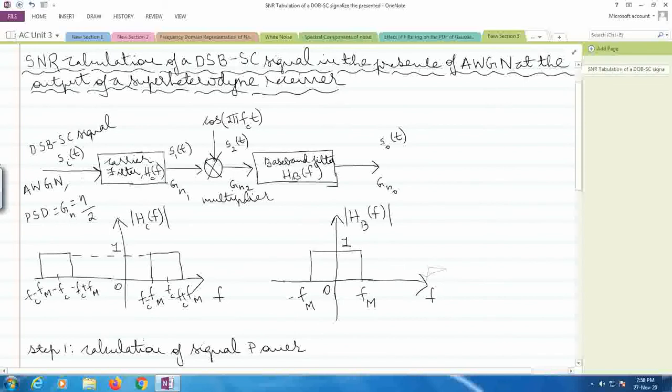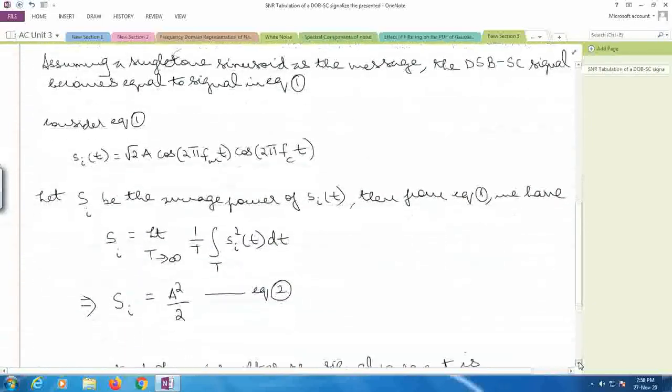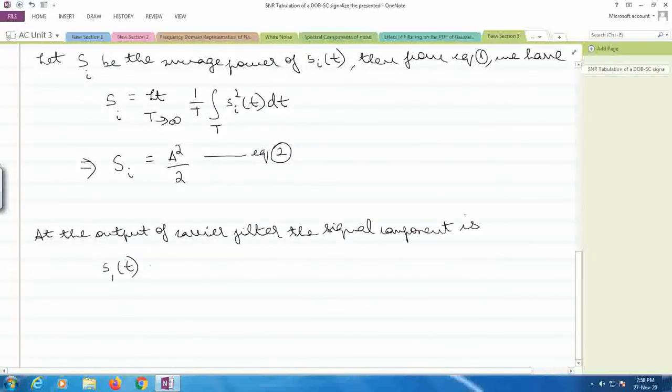Si of t is going to pass through the carrier filter unaltered, because the carrier filter frequency response extends in the same interval in which Si of t is present, and the magnitude of the carrier filter is equal to unity. So Si of t is simply equal to S1 of t. So let this be equation 3.